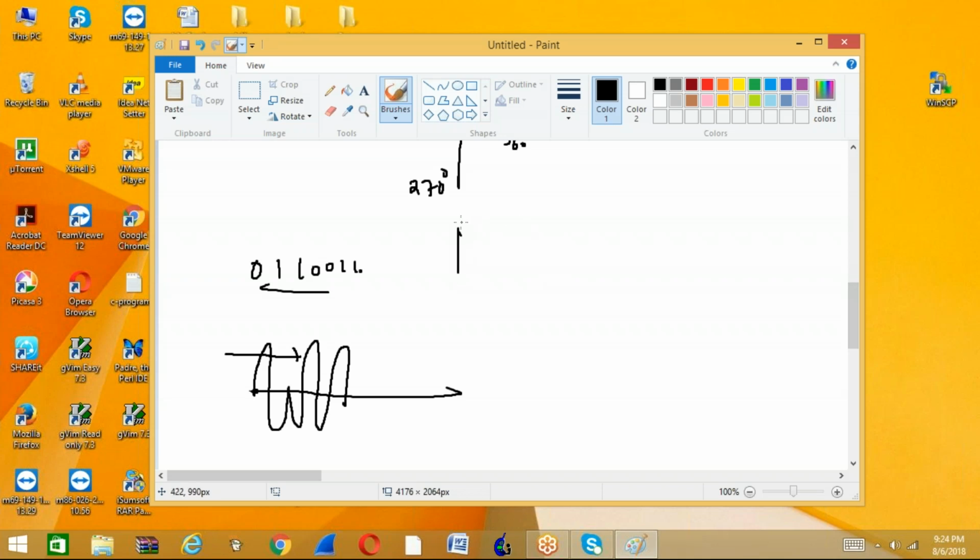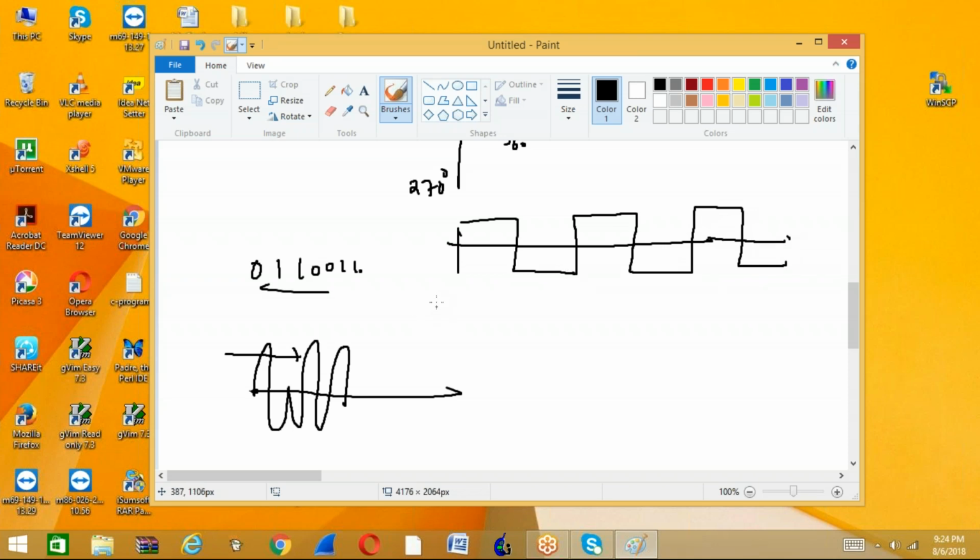So now for example this is your baseband signal. For this baseband signal, it was planned like this. Presuming this is one, this is zero, this is one, zero, and one. So this was the cycle.